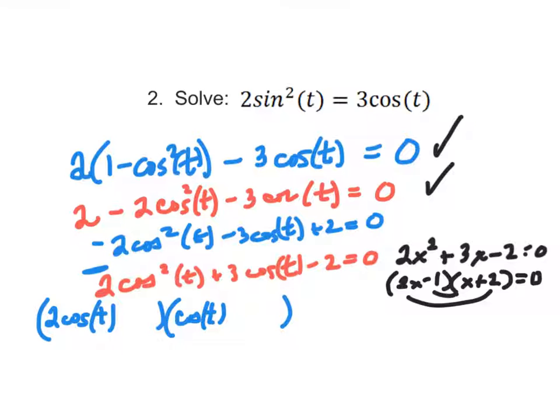And then I know that, again, here I'm going to have my plus 2, and here I'm going to have my minus 1. And so that really sets up nice for you to be able now to do your factoring. And what we are going to do with these factors, remember each of these factors is going to be set equal to 0, and we're going to solve them independently.